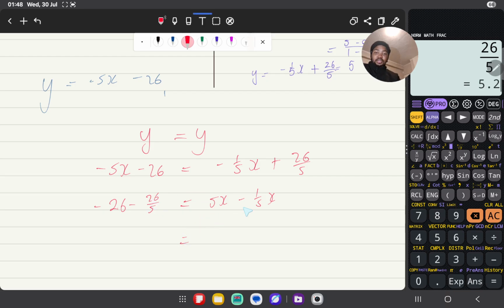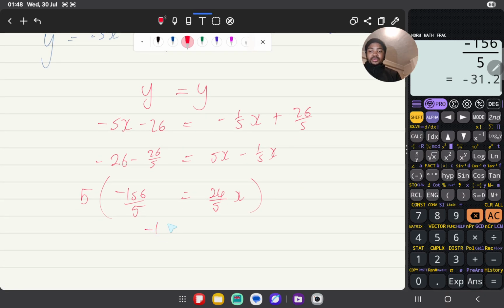That means this side I have minus 26 over 5 x, and this side I have minus 156 over 5. Multiply by 5.